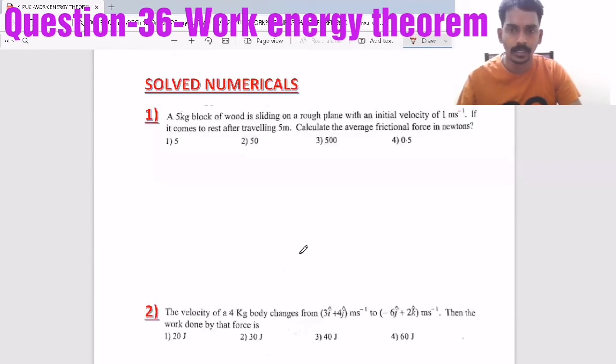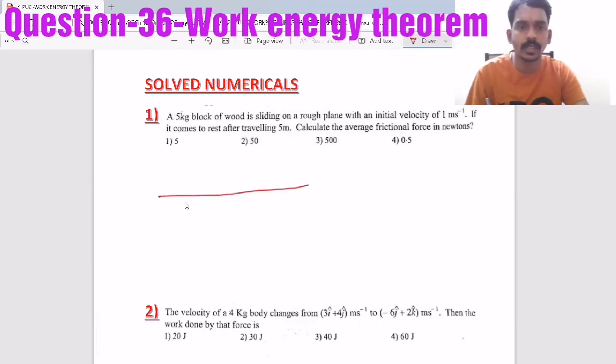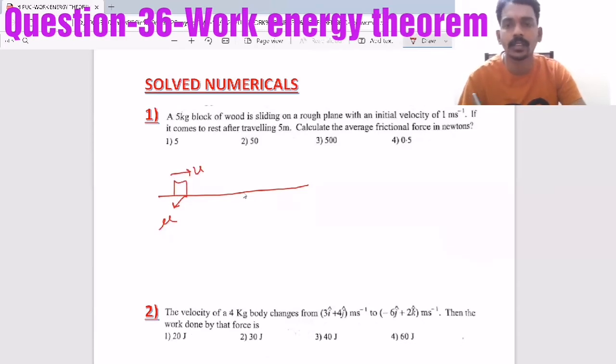Now, based on the same thing, let us see a few simple questions, like what kind of questions they can ask. A 5 kg block of wood is sliding on a rough plane with an initial velocity of 1 meter per second. There is a rough surface with coefficient of friction mu.